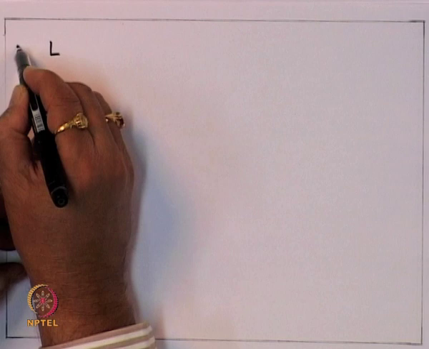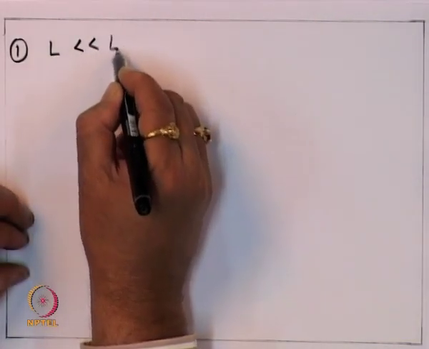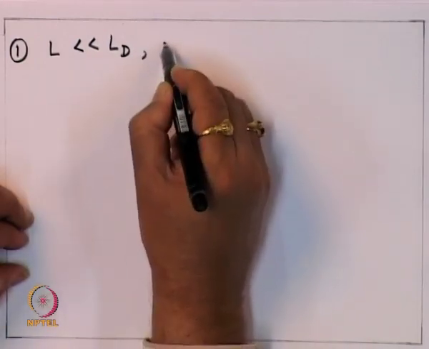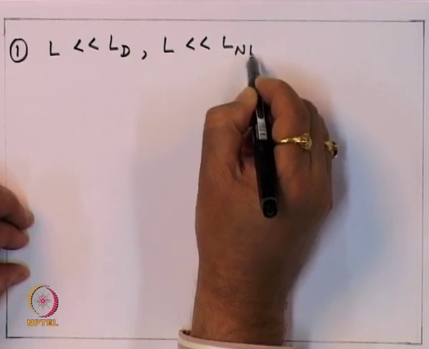Situation 1 is L much less than L d, the dispersion length, and L much less than L N L also.